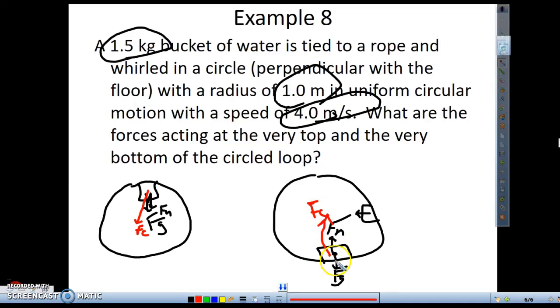Okay, so here at the top, what's happening is F sub c is provided by both F sub g and F sub n. So what I would say is F sub c equals F sub g plus F sub n.